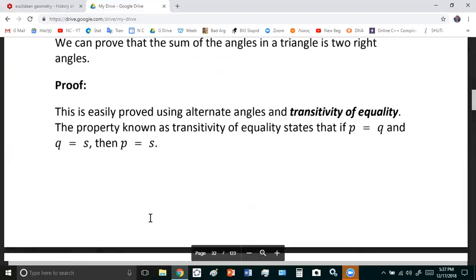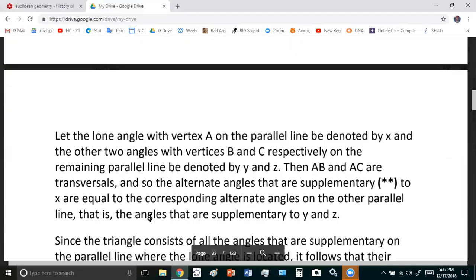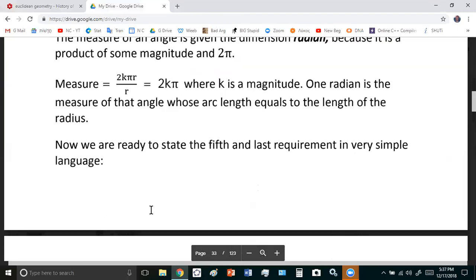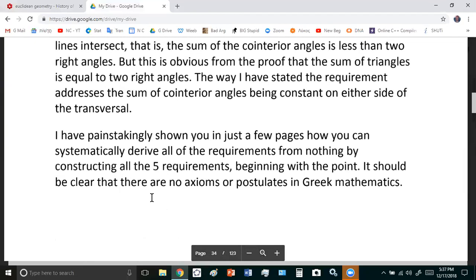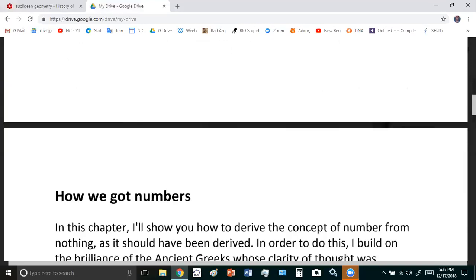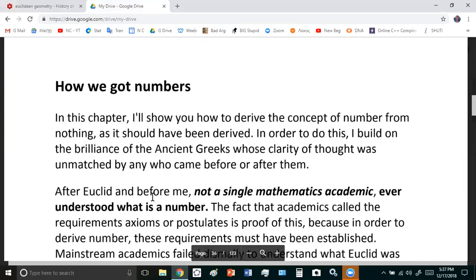And after you've completed chapter 4, you will be ready to understand the next step in mathematics, which is obviously how we got numbers. In fact, you don't even need all the particular requirements to be in place, but it's a good thing to have them in place.